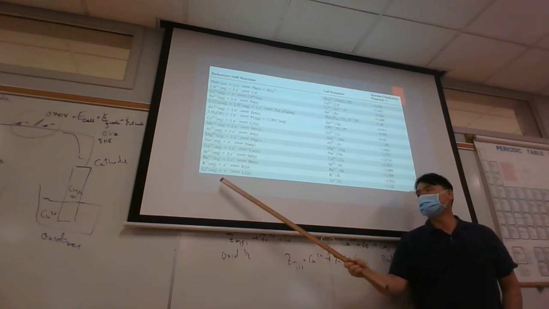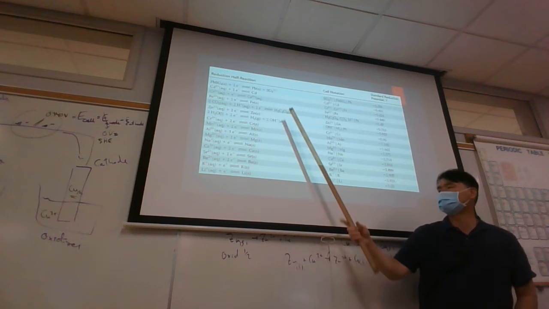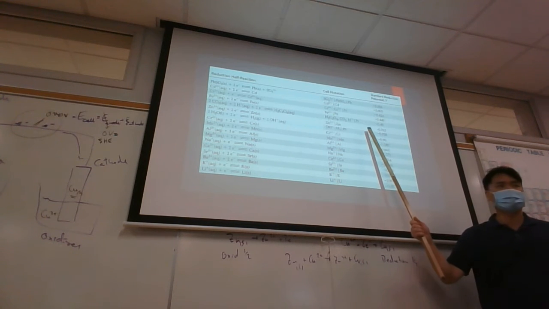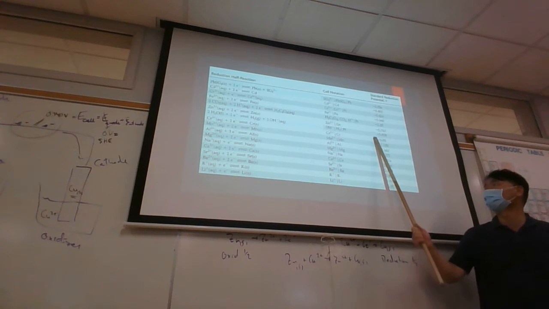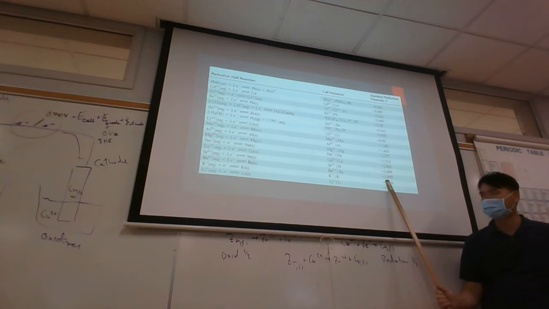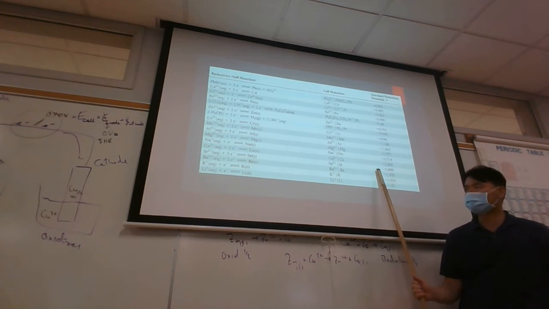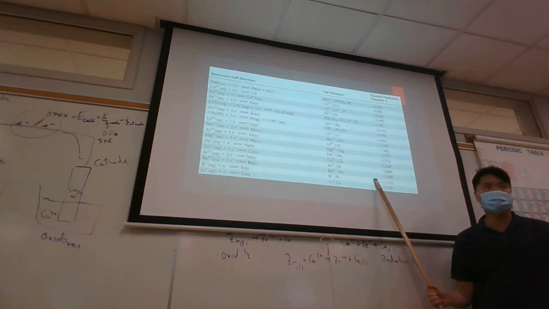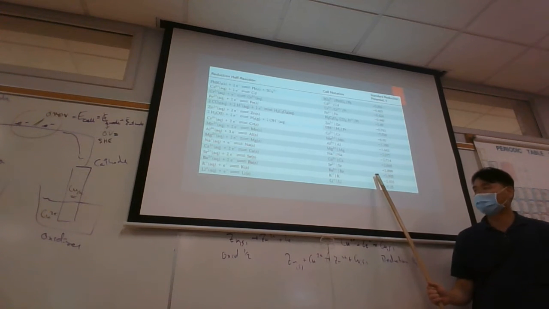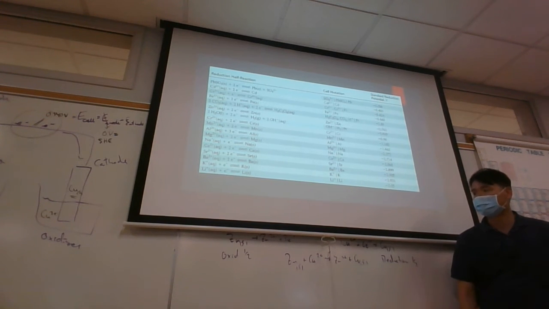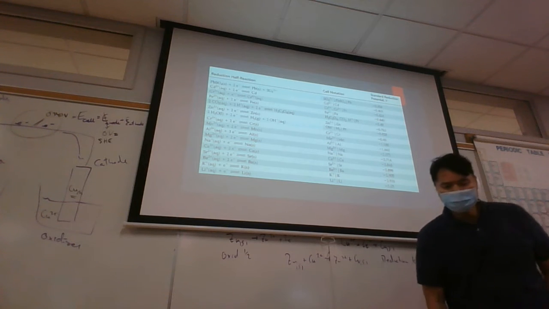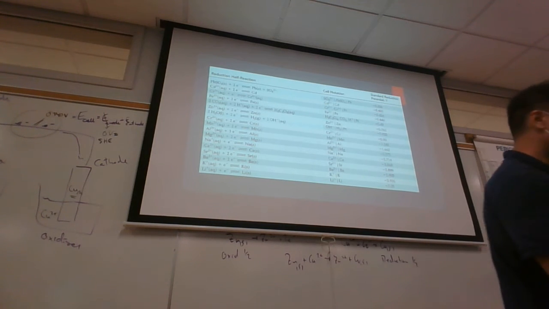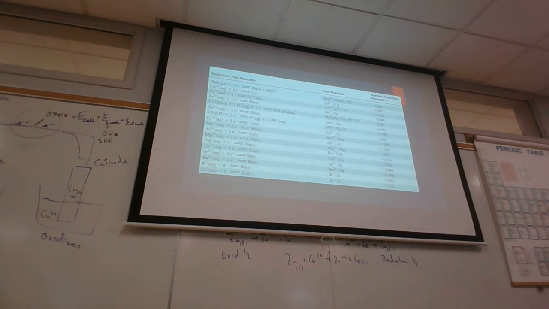So fluorine's significantly stronger. All of them are oxidizers, whether it's negative or positive. And again, it's just arbitrary. These negatives don't mean that it's a reverse reaction. The negatives just mean it's weaker than hydrogen. Right? So once we do this, once we have the SHE, then we can determine the cell potential very easily.